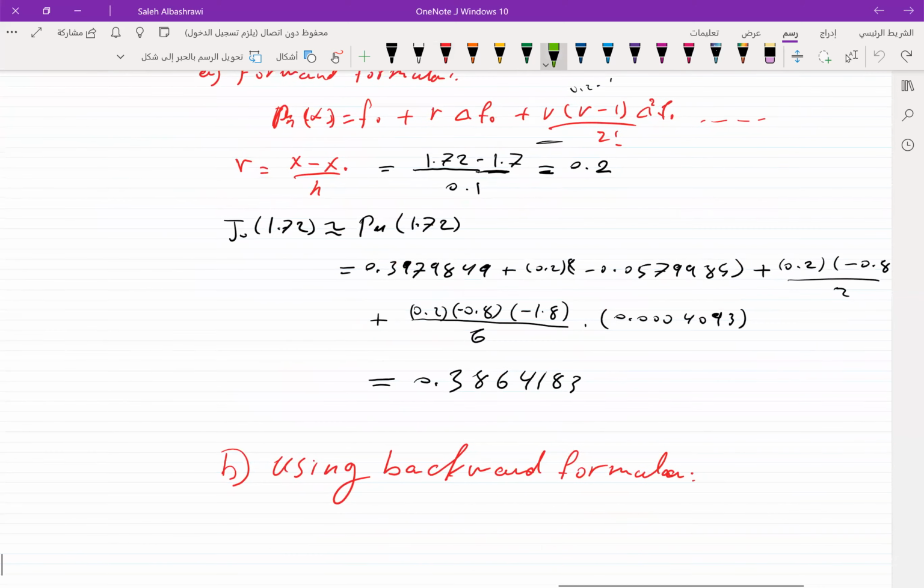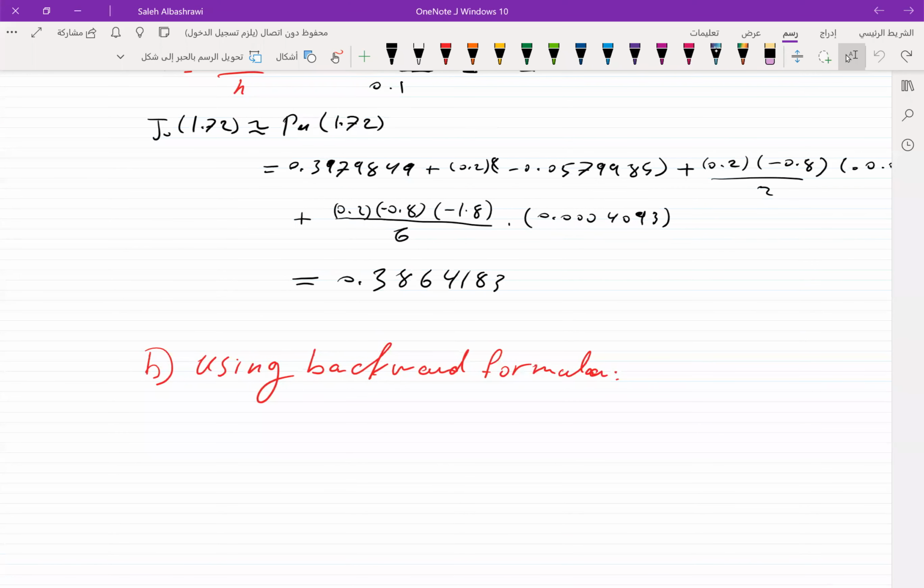So in the backward, r will be x minus x sub 0 divided by h, which is equal to 1.72 minus 2, the last one, divided by 0.1. And this is equal to minus 2.8. So we have to be careful about the value of r in the backward.